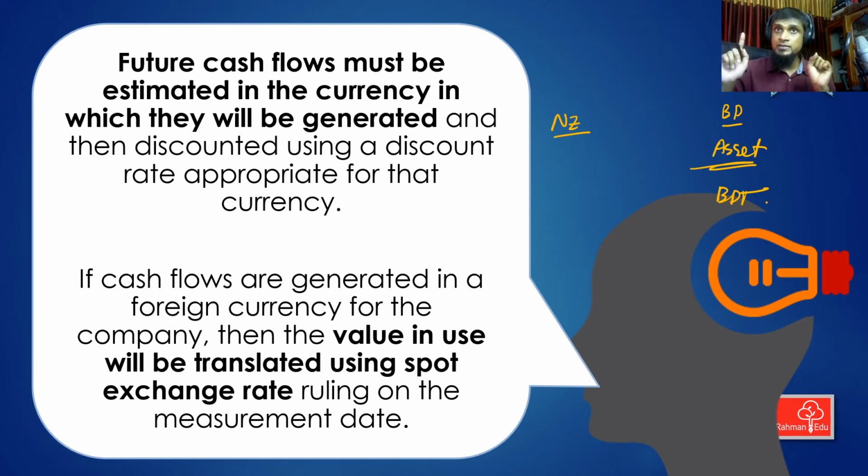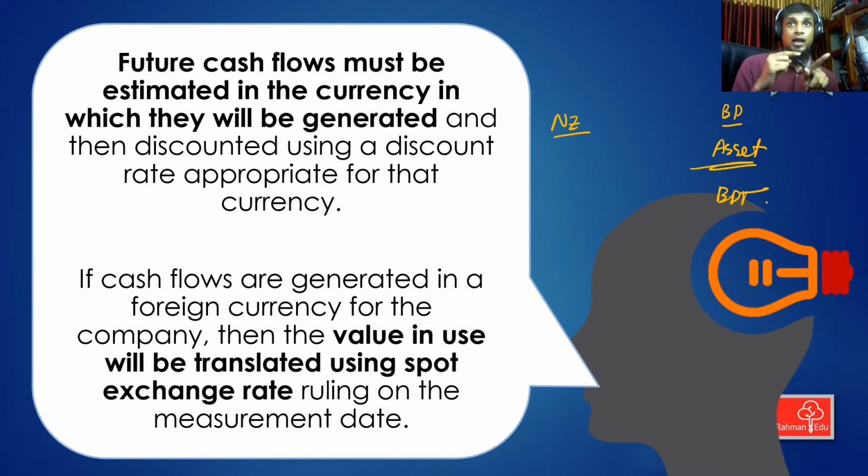The asset is placed in BDT, so consider the context of BDT to make the prediction of cash flow. So if your accountant is in the head office in New Zealand, you need some sort of consultant here in Bangladesh, or other accountants here.